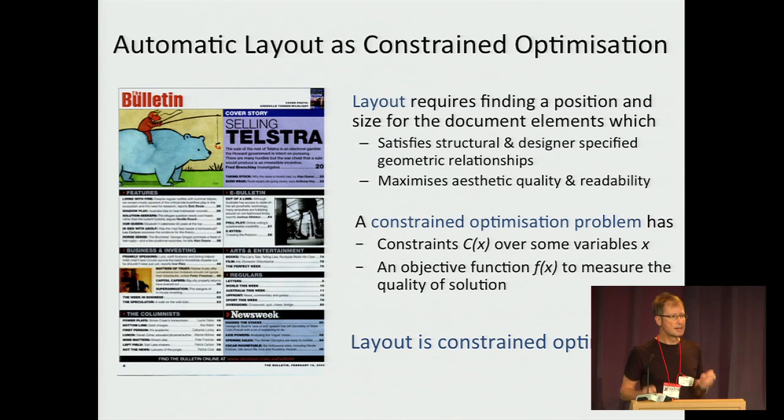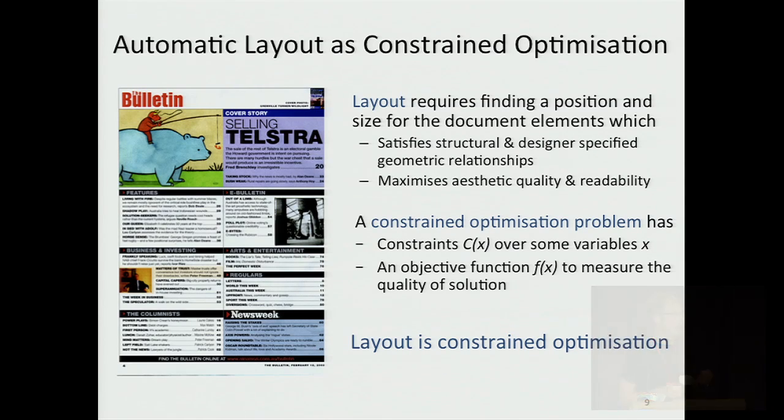Something underpinning this paper and the other 2 papers in this session, which I think is really important for everybody to take home as a takeaway message, is that automatic layout really is constrained optimisation, and this is a good way of thinking about it. So why is this? Well, layout requires finding position and size for the document elements.